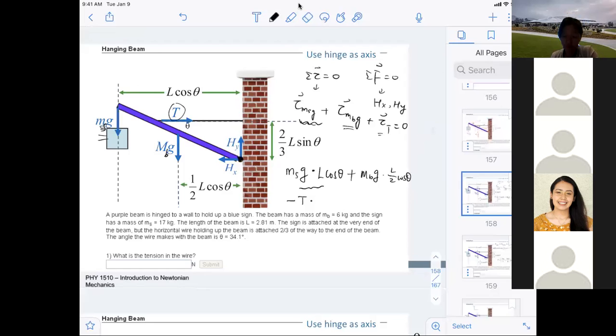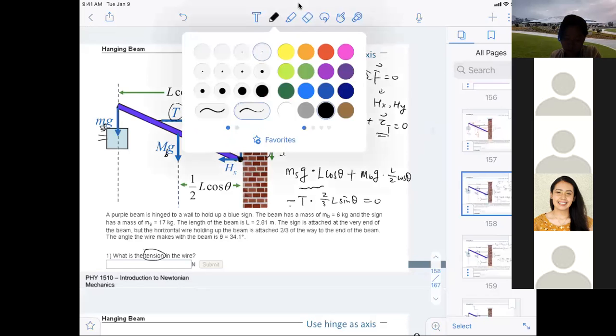I want to solve for the tension, right? So the torque from tension is negative, very good. It's going to make it clockwise, negative T times the lever arm. And we had labeled the lever arm there as 2/3 L sine theta. Very good.